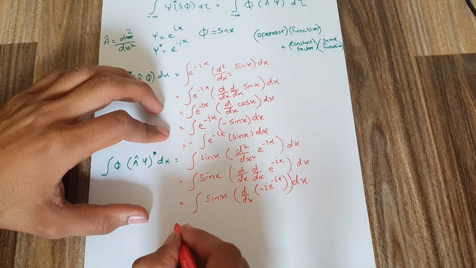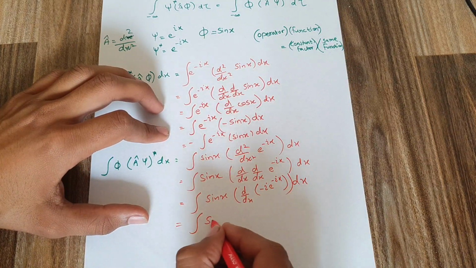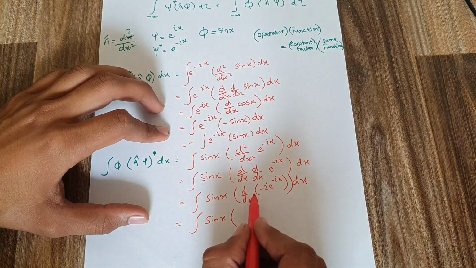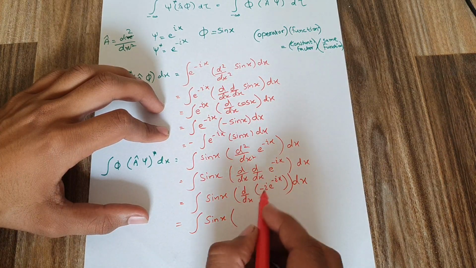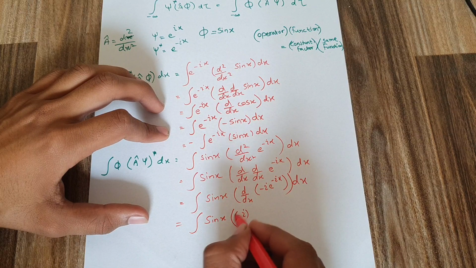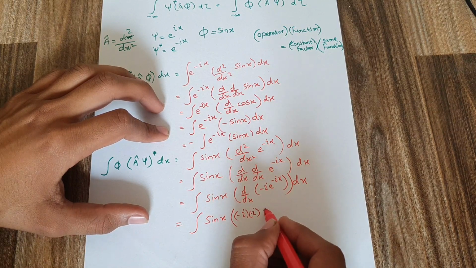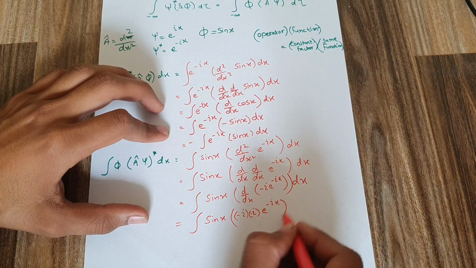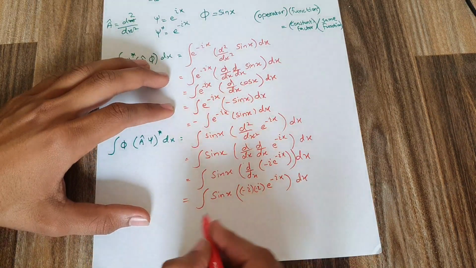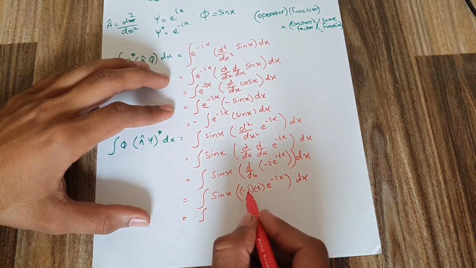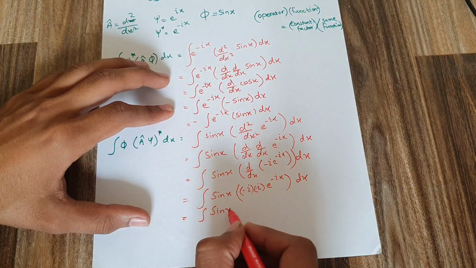The next thing I'm going to do is take the second derivative. When I take the second derivative, what will be the answer? The second derivative says that this minus iota will come again behind: minus iota into minus iota e raised to the power minus iota x dx. As you know, minus minus becomes plus, and iota square has a value equal to minus 1.